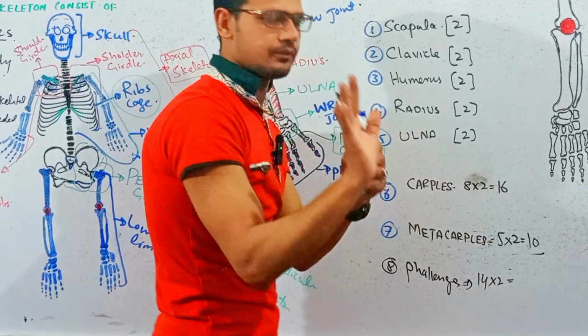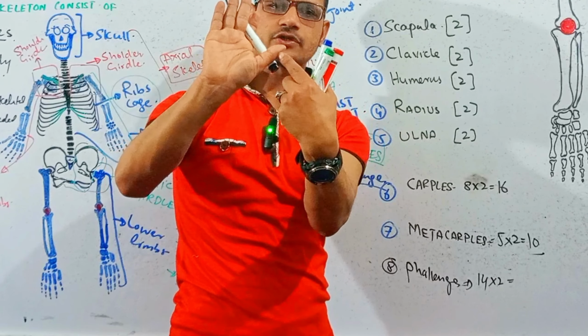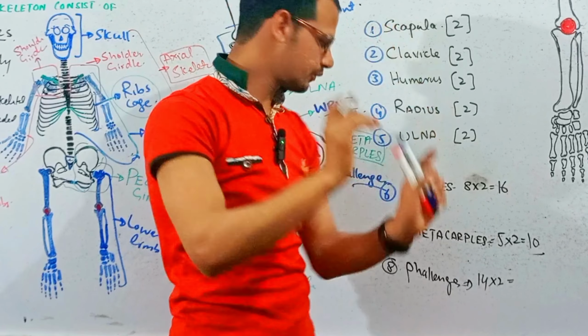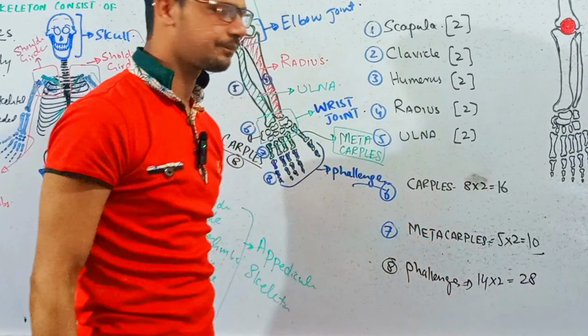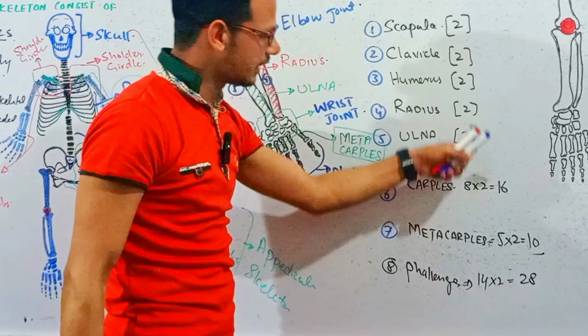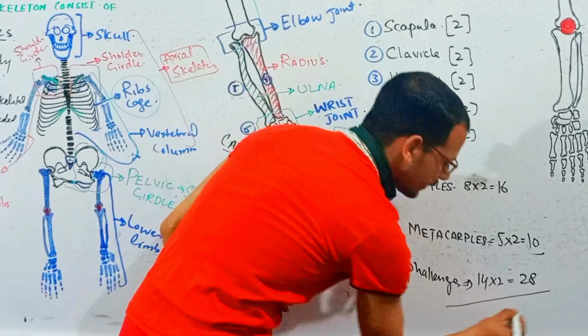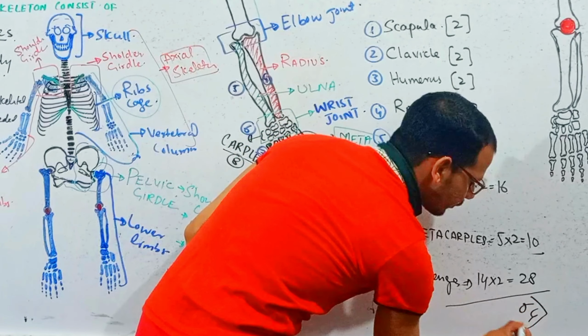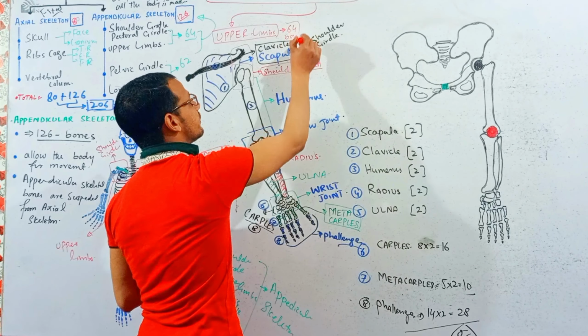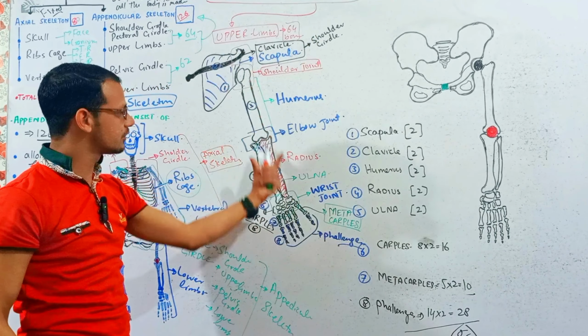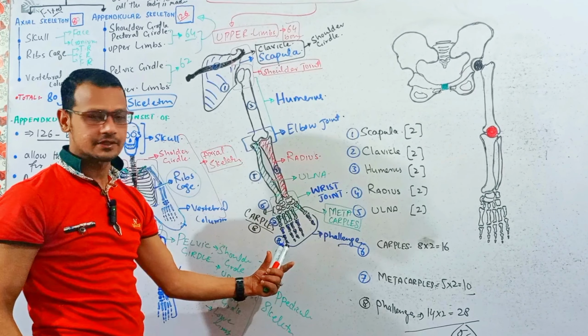We have 2 hands, so we multiply 14 by 2 and get 28 phalanges. If we add all these bones, we will get 64. So in the upper limbs we have 64 bones. These are the bones of the upper limbs, right?